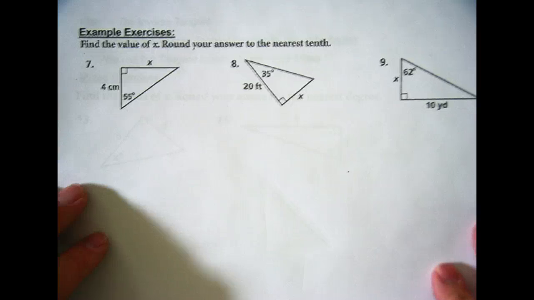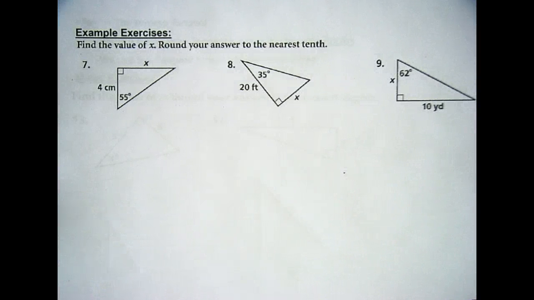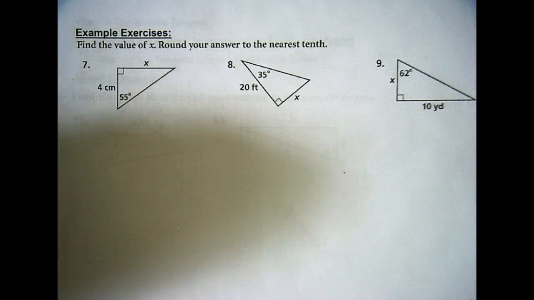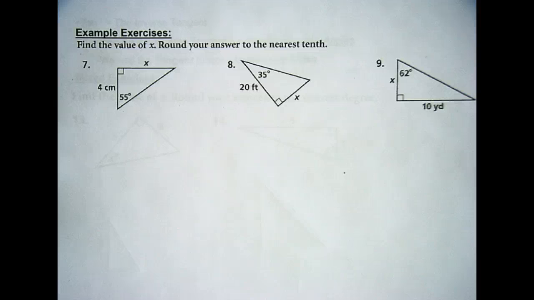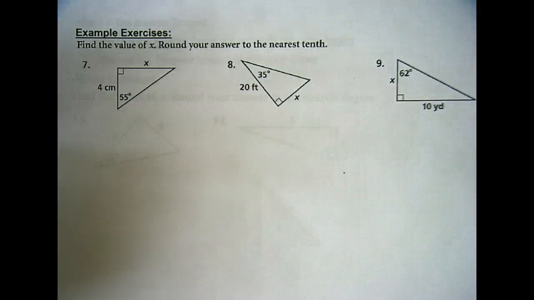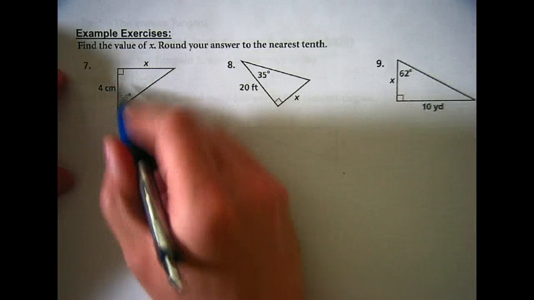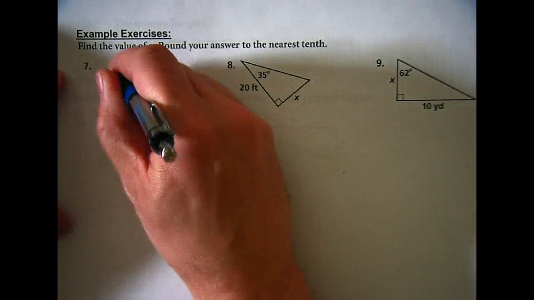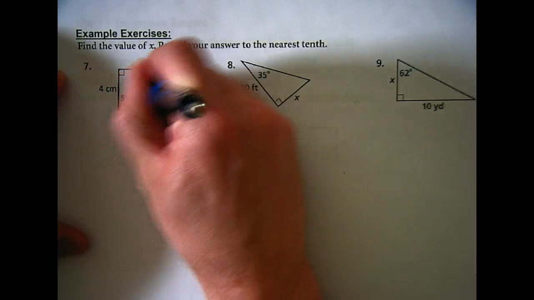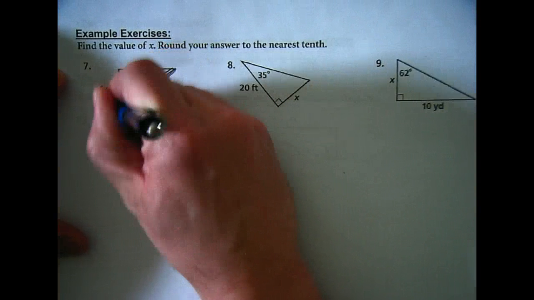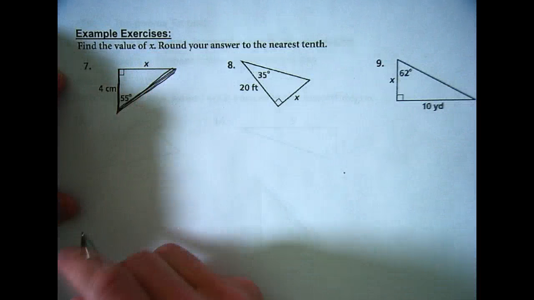Very funny. Example side, number 7. Find the value of x, round your answer to the nearest tenth. So the first thing we need to do is figure out usually you're given an angle and a side, and you're going to figure out what side you need to find. If I'm given this angle, angle 55, everyone always trace the angle, because then that tells you which two sides you're dealing with.